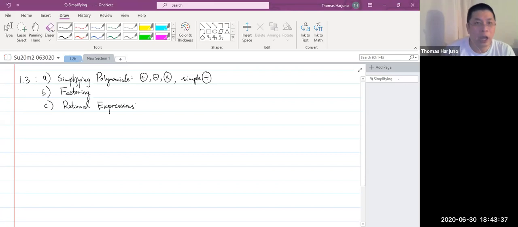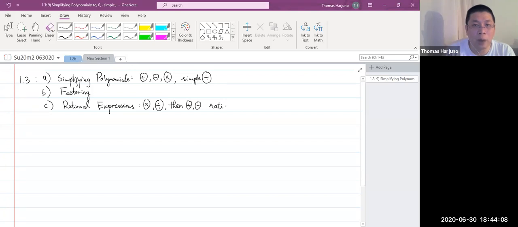So when we add or subtract rational expressions, maybe I start with multiply and divide first. Multiply, divide. Then the hard one is add, then subtract rational expression.